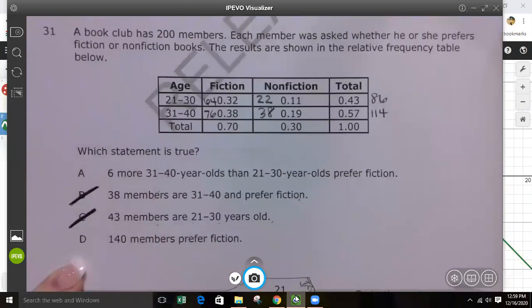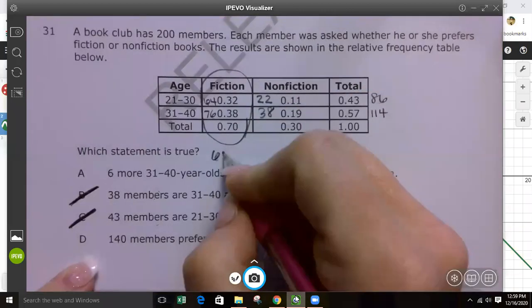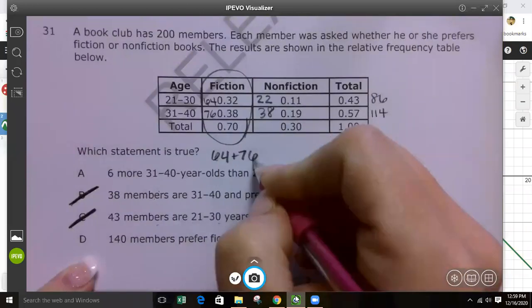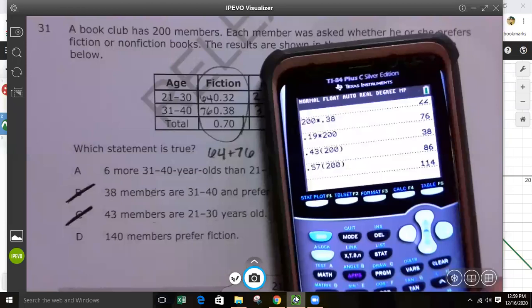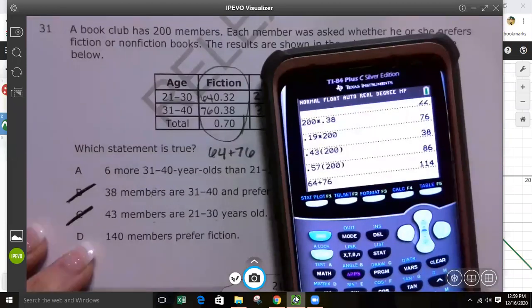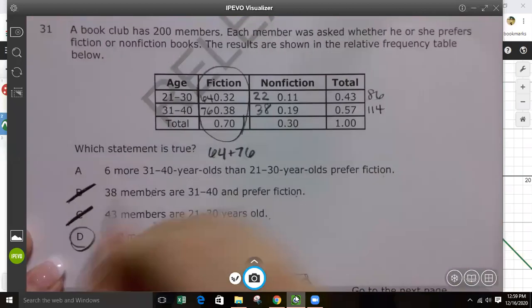So we know that's not right. 140 prefer fiction. So all of this is fiction. So 64 plus 76, if we put that in our calculator, we get 140. So that's our answer right there.